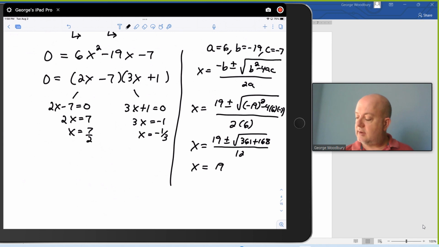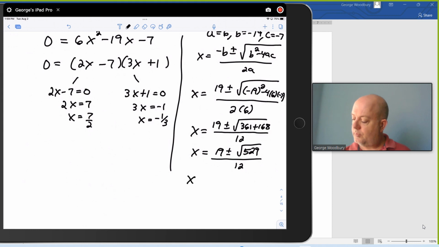In the radicand, 361 plus 168 is 529 over 12. On our calculator, we could find that the square root of 529 is 23. So we have 19 plus or minus 23 over 12.